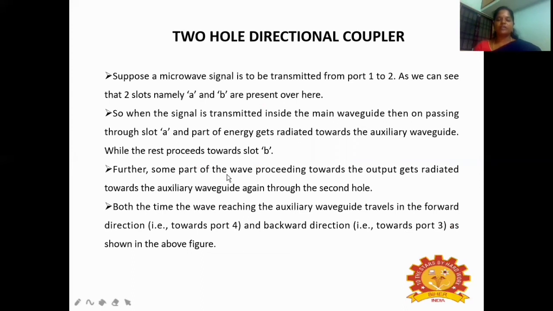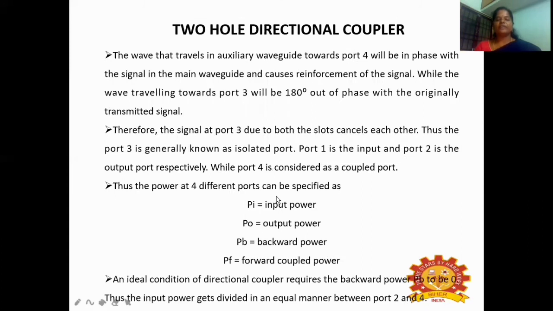Some part of the wave proceeding towards the output gets radiated towards the auxiliary waveguide again through the second hole. Both times, the wave reaching the auxiliary waveguide travels in a forward direction and a backward direction, that is, towards port 4 and towards port 3. The wave that travels in the auxiliary waveguide towards port 4 will be in phase with the signal in the main waveguide.